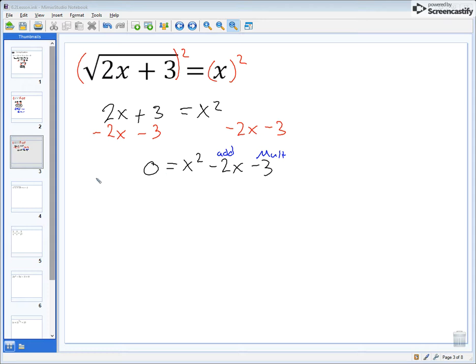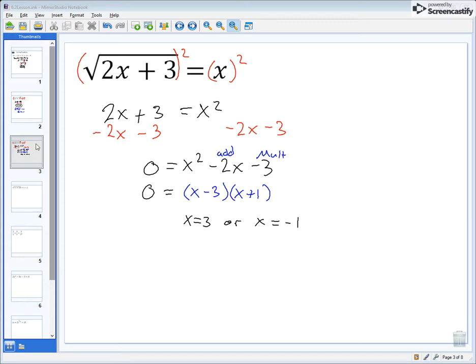Since there's not a leading coefficient, this is the easy factoring, which is you're going to use a negative 3 and a positive 1. Because negative 3 times 1 is negative 3, and negative 3 plus 1 is negative 2. Now, for those factors to equal 0, either x is 3 or x is negative 1.